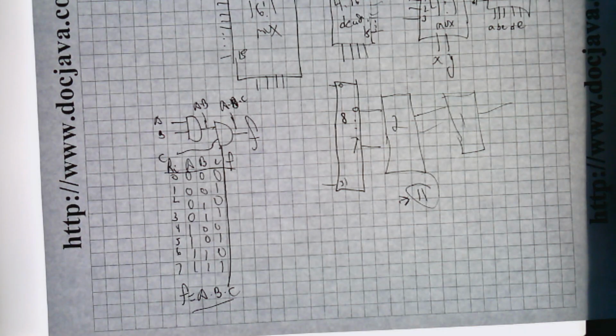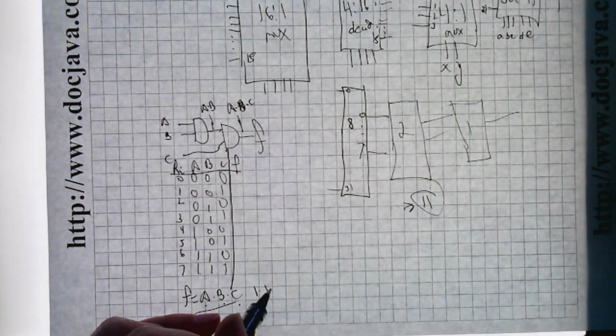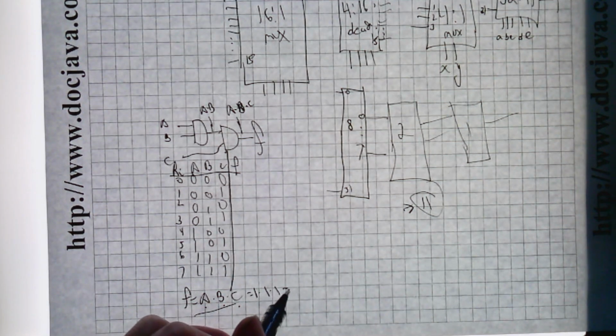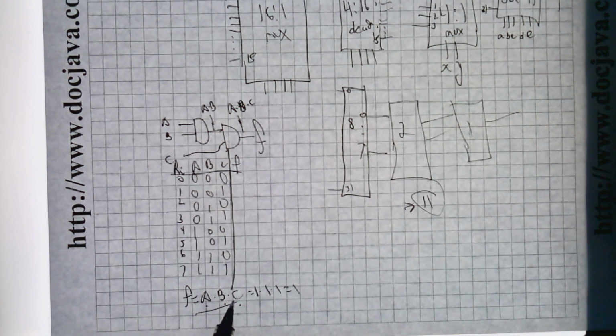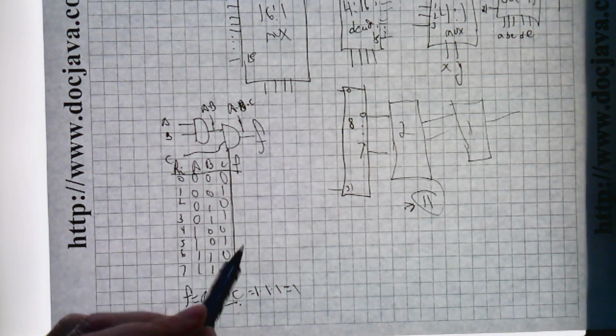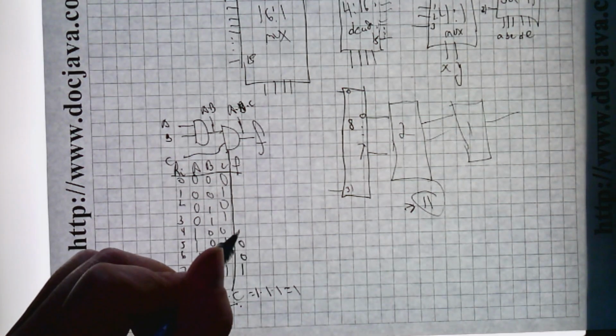Bridget, when will F be true? Well, A has to be true, B has to be true, and C has to be true. So it'll be 1 times 1 times 1, and that will equal 1. If C is 0, 0 times anything is 0, so the only time when F is going to be true is on row 7. And all the other times it's going to be 0.